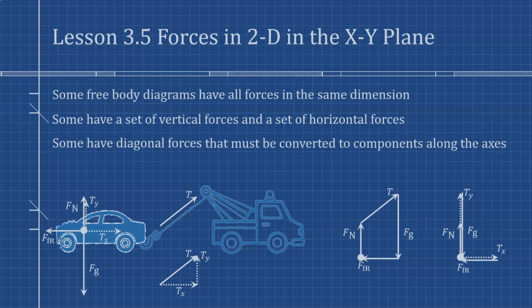I don't want to include diagonal vectors in my vector sums because diagonal vectors are very difficult to work with in their diagonal form. What I'm going to do instead is break all of my diagonal vectors apart into vertical and horizontal components, and then I'm just going to replace them because remember, when I draw the components of a vector, it equals the original vector.